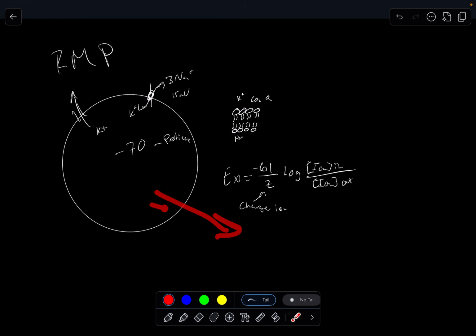If it's wanting to go out a lot, then it's going to have a higher driving force. If it's just out a little bit, it'll have a not as high, but still a higher one. If it's wanting to rush in, depending on the charge, it might be a negative number. Okay, so there's that.